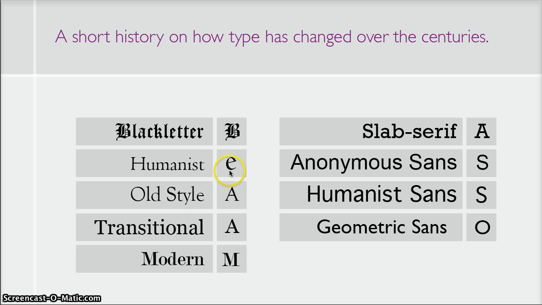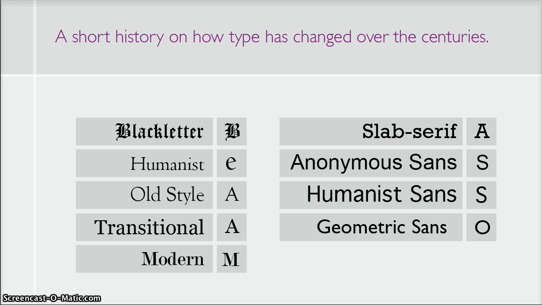The humanist type is a very famous type and very different than a regular serif font. You can notice the E is sort of slanted, which creates that effect of the humanist. And the serifs are just more hand-drawn, more naturally stroked, rather than a really harsh serif at the tips of the letters.